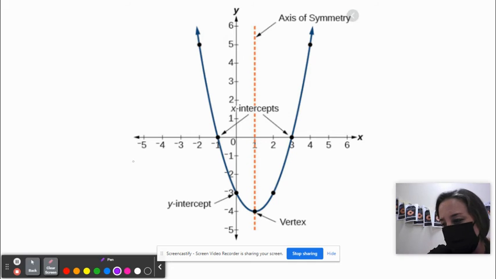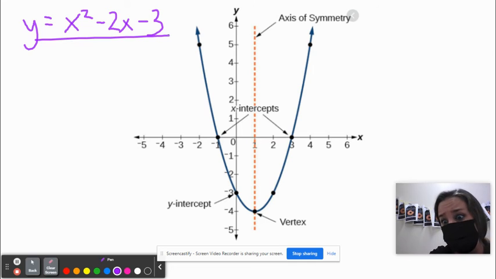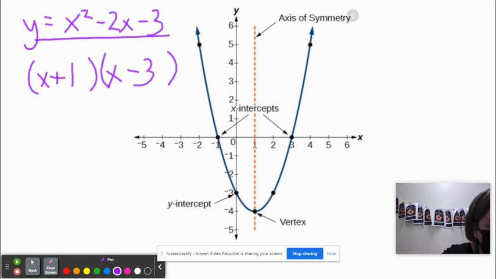And just so that you understand why we're calling them solutions or zeros, like why is this even important, I'm going to tell you why right now. When you're graphing a parabola, you'll get something that looks like this, and you're going to have to graph that. And it's like, wow, what? And this is why we have been factoring like crazy. Because if I factor this, I would get this.